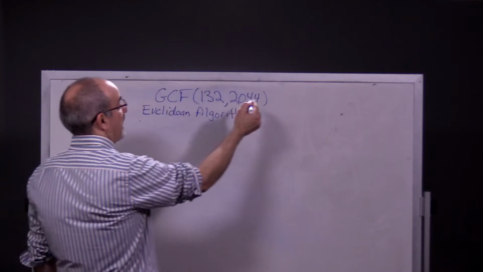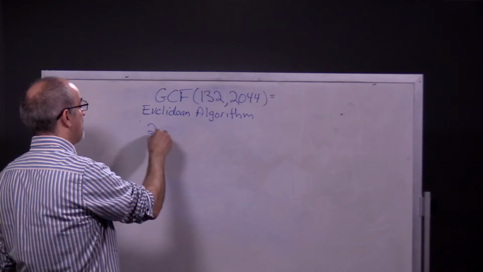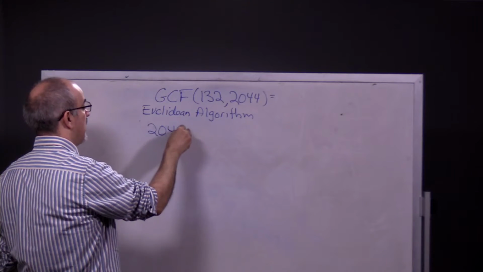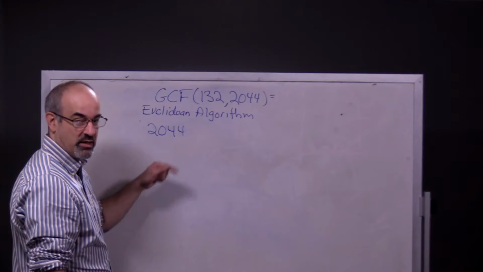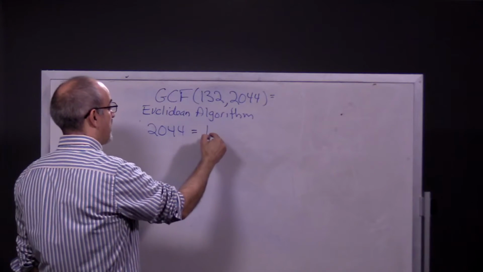So how to find the GCF of two numbers using the Euclidean algorithm? You write the big number right there. It has to be right there. Equal sign. You write the small number here.